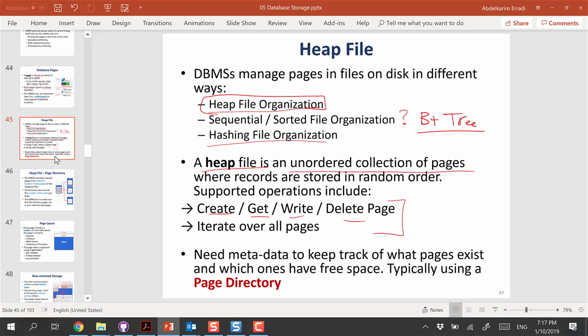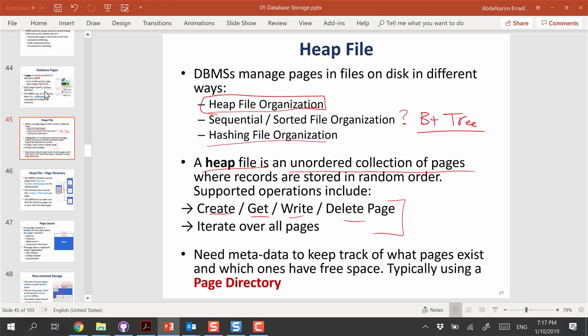Okay. And then, of course, for example, if you want to iterate through the pages, how can you know what pages you have? If you want to iterate through all the pages in your file, you need to have the page directory.